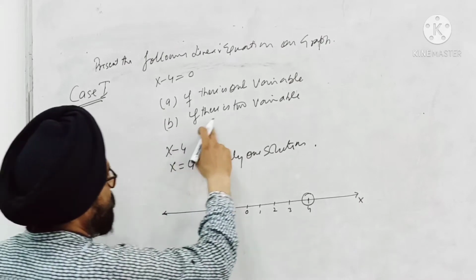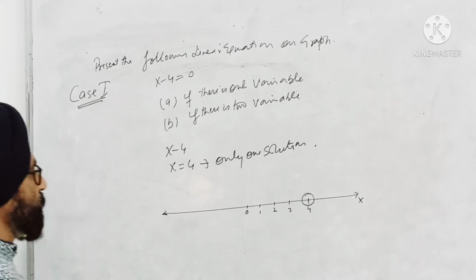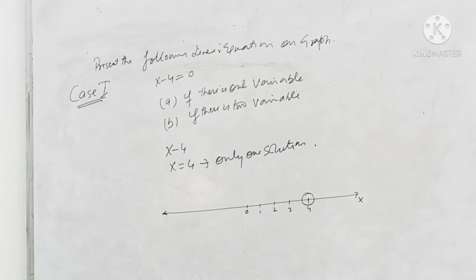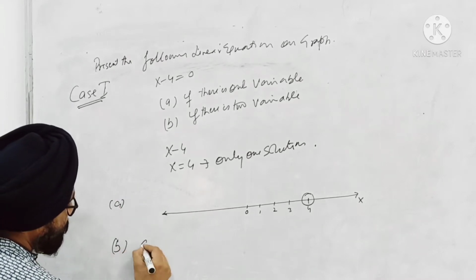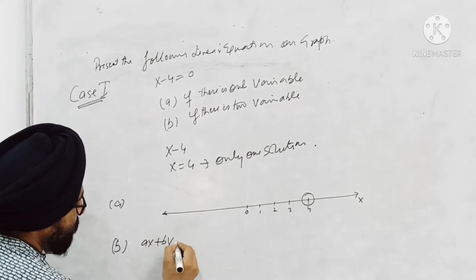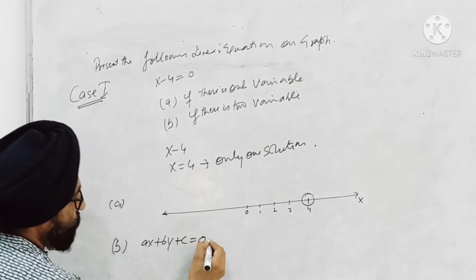If we treat the above equation as a two variable equation, but here the y is not given. But we know that the two variable equation is always presented in the standard form, that is ax plus by plus c is equal to 0.